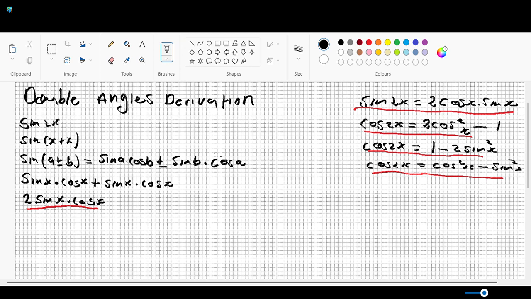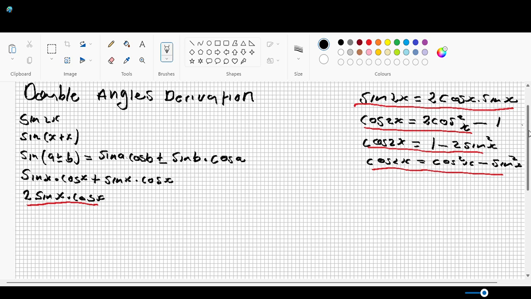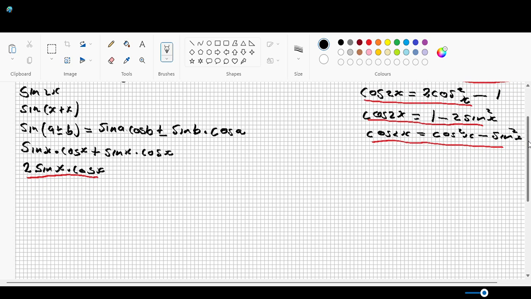I'm going to try to open up a space for us so that we have enough space to solve them, but I'm going to leave them there on the screen. So let's do cos. Let's start with the one at the bottom. Remember, cos 2x is the same as cos of x plus x, so you rewrite it like that.